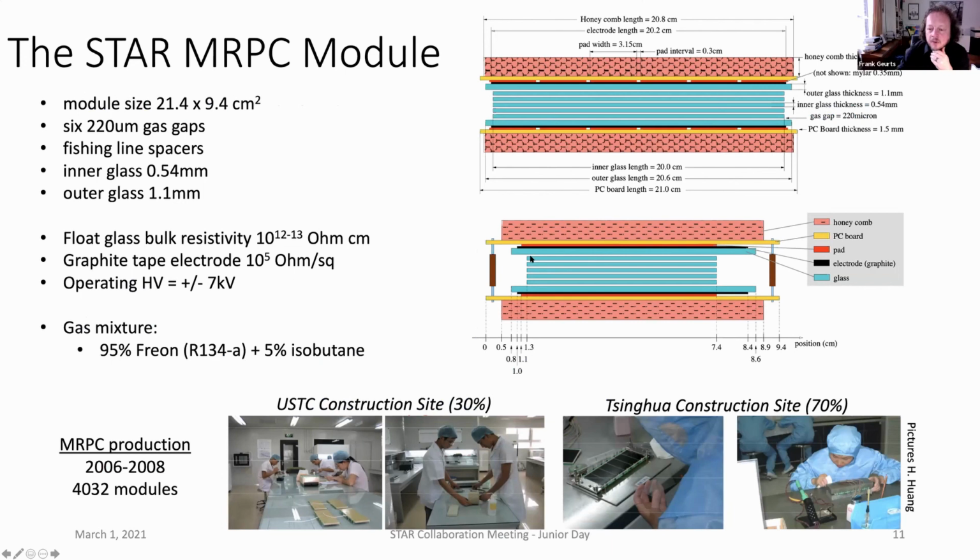They are held together by the fishing line spacers, which are external. I don't have a picture here, but let me see if I can see it from these pictures. No, I don't. Not completely across, but between the inner glass plates, we actually run a very thin fishing line.